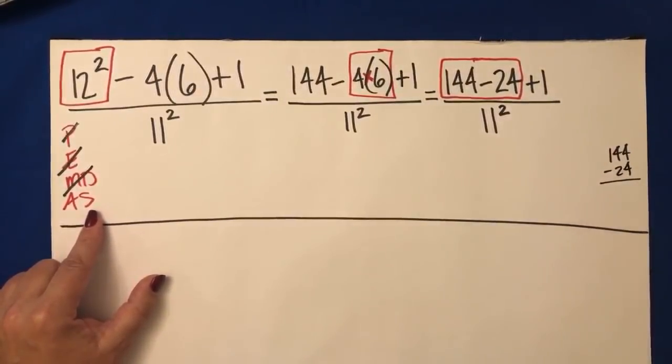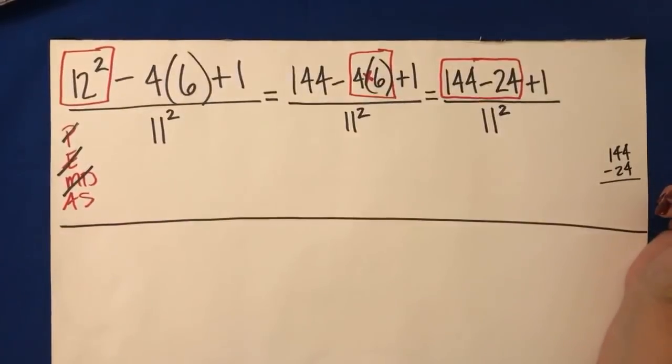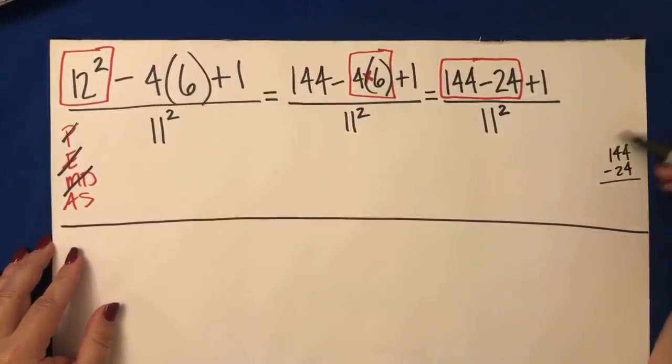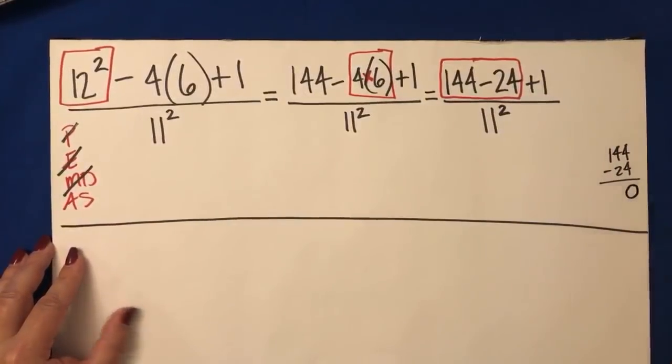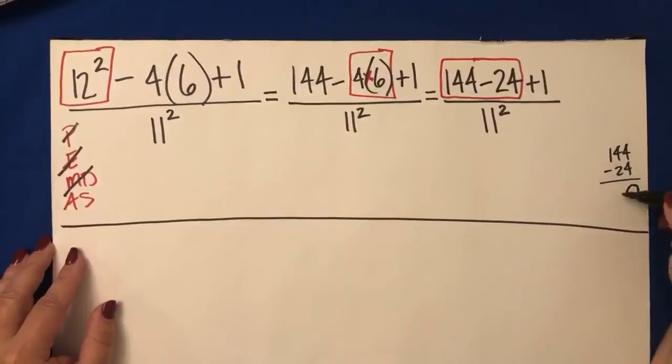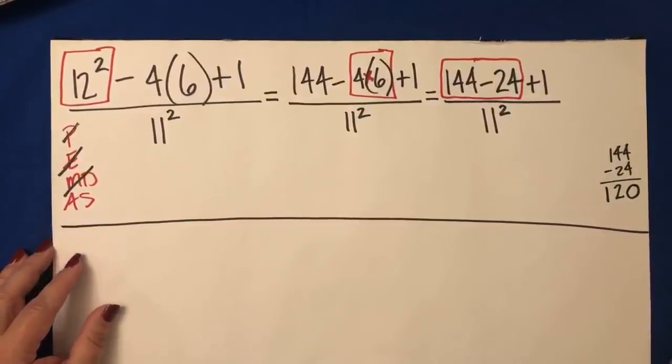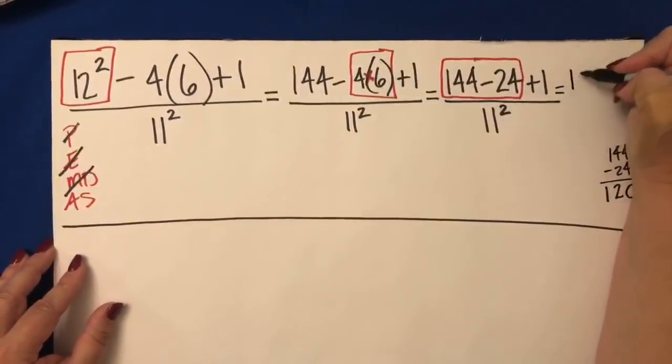So I have somebody calling out 120, 121. I have 2 people with 121. So that might mean we need to double check our subtraction. So it's better to stack it at that point so we can be sure. 4 minus 4 is 0, and then 4 minus the 2 is 2. So you are all very close, but it's 120. So I'm going to go ahead and put that in here.